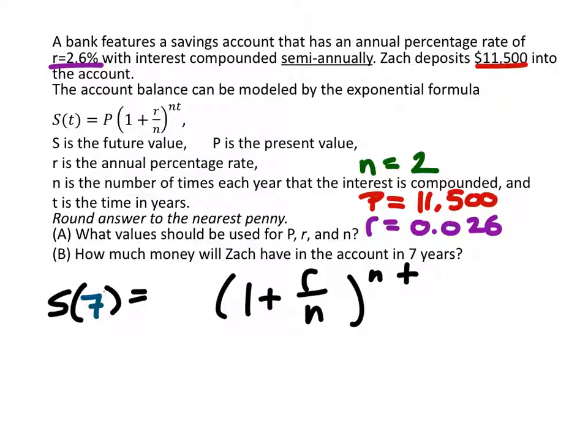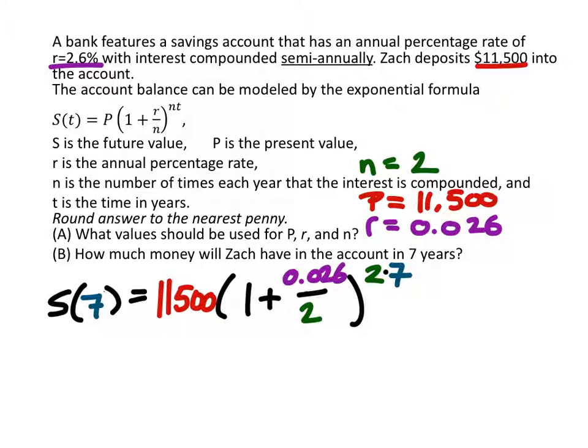So my principal is $11,500. The rate is 0.026. Then we got 2 N's to replace on this one, 2 and 2. And then, of course, our time, which is 7. Oh, that's 2 times 7, by the way.